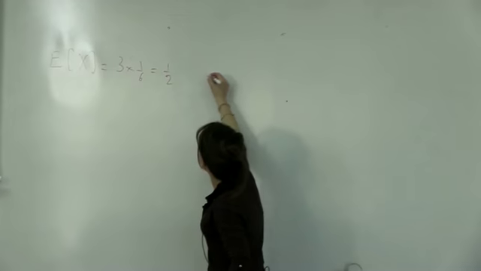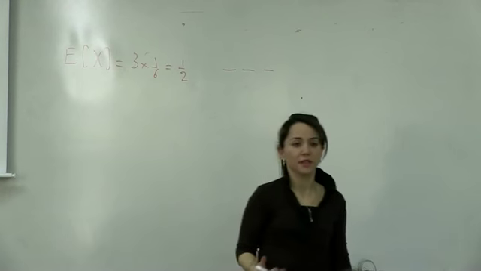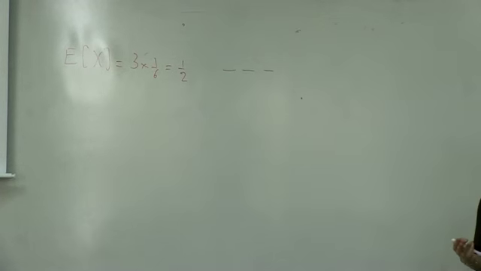Makes sense. Why? Because we have 3 chances of getting a 6. You can think of this as 3 independent trials. In each trial, we get a 6 or we don't. The probability of getting a 6 is 1 over 6, which is the probability of success.